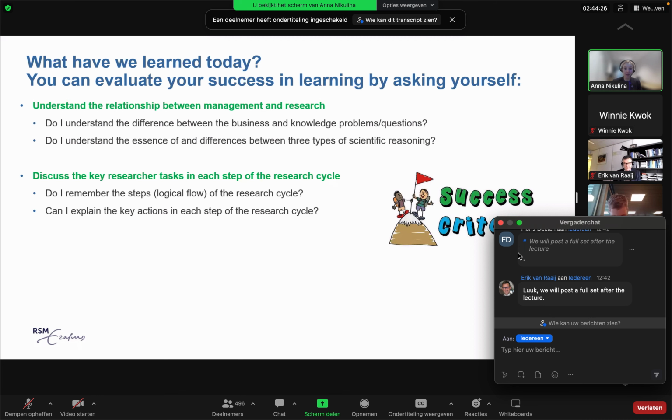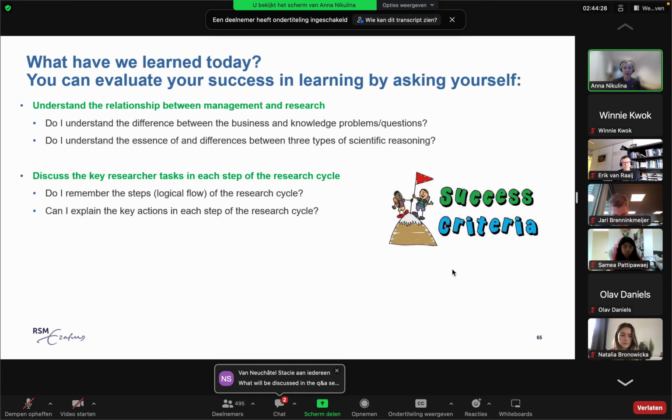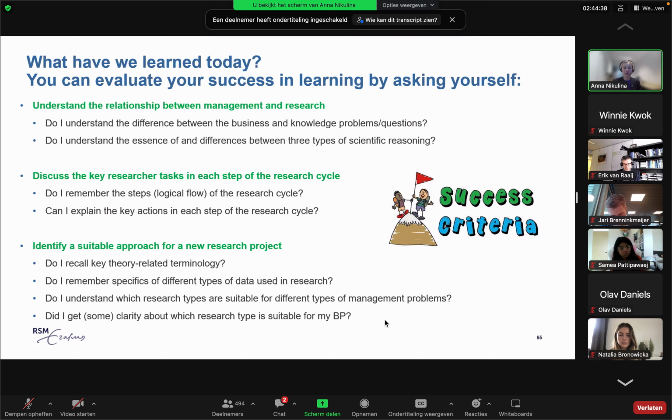If you can understand the research cycle in terms of remembering the logical flow of the steps and what's happening in each of them, then you're also learning what we expect you to learn. And if you understand how to find a project, how to match a project with a theory and a suitable research approach, these are questions you can also ask yourself.